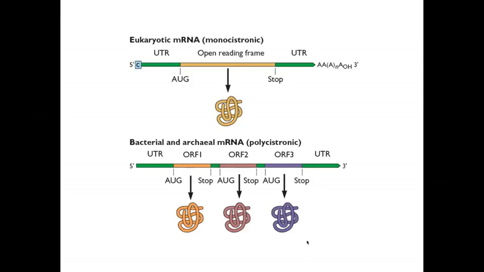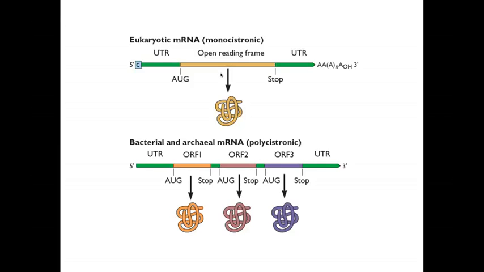You can make multiple proteins. And the ability to do this is because there are Shine-Dalgarno sequences around the AUG, which are complementary to ribosomal RNA sequences, and they allow the ribosomes to bind at each AUG. It's sort of like an IRES, but very different mechanistically.